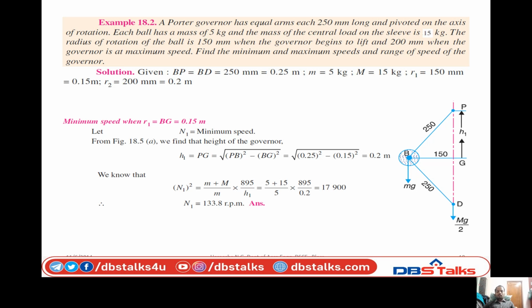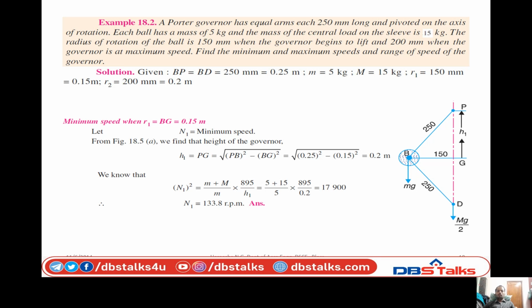The arms are 250 long and pivoted on the axis of rotation. Each ball has a mass of 5 kg and the mass of the central load on the sleeve is 15 kg. Line by line, we have to study the problem and note the given data. Given that the arms and the links are the same, arm is equal to link, the same length, that is equal to 250.